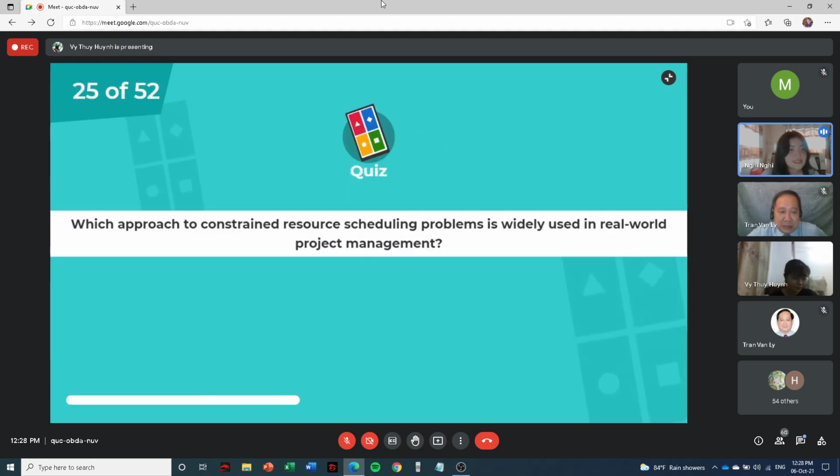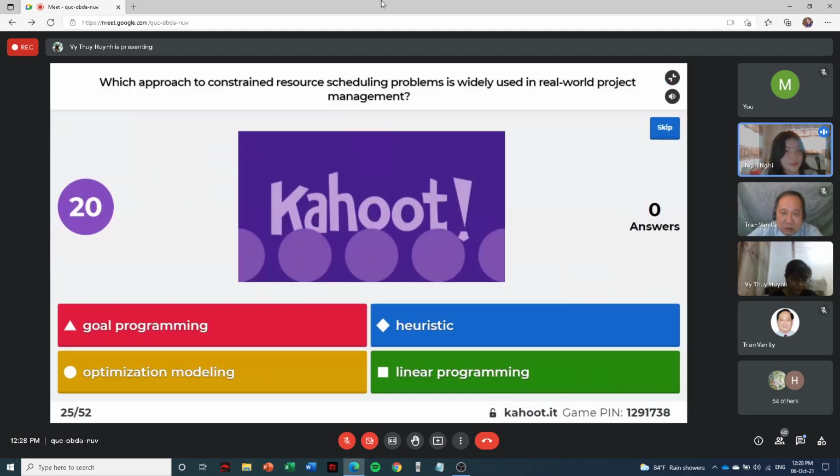Okay, next question. Which approach to constraint resource scheduling problems is widely used in real-world project management?